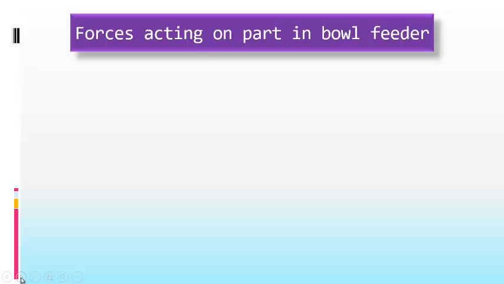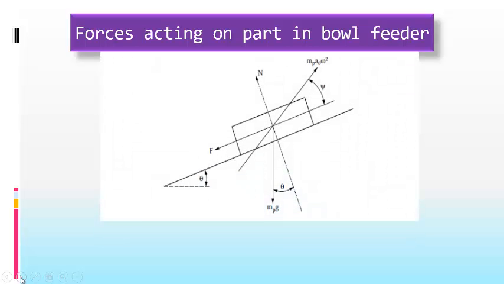Forces acting on a part in the bowl feeder. I'm not going to talk about this in general, but we know that there is a friction force which will oppose the vibration force, which is m A0 omega squared, and of course the angle of inclination of the bowl track, and the normal force, which is against the gravitational force of the weight of the part.